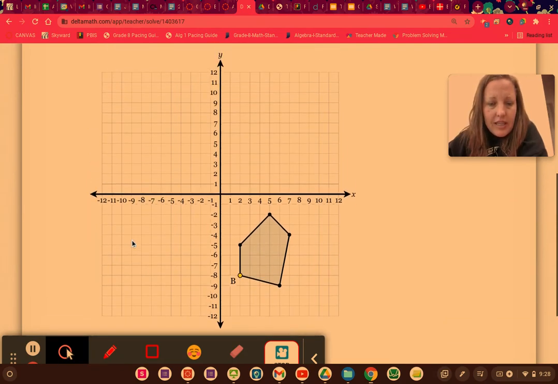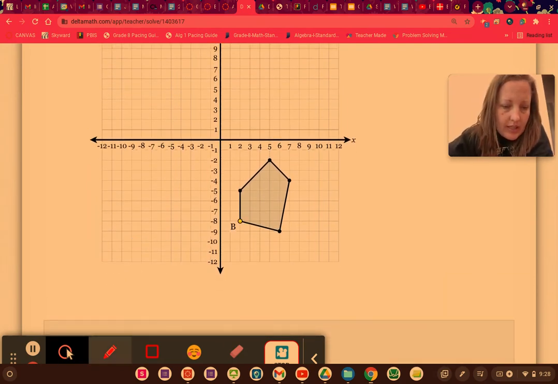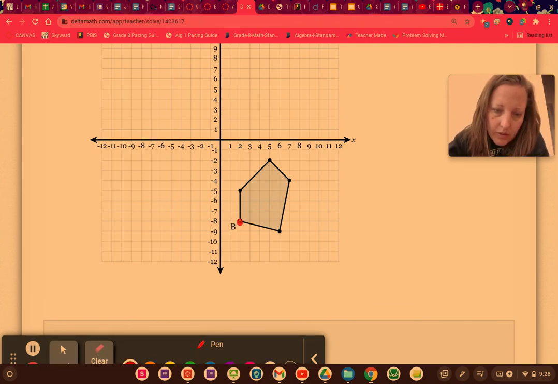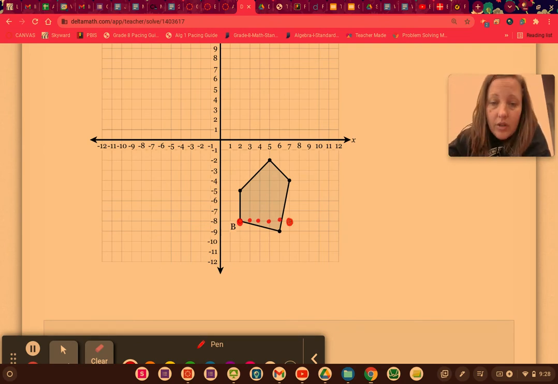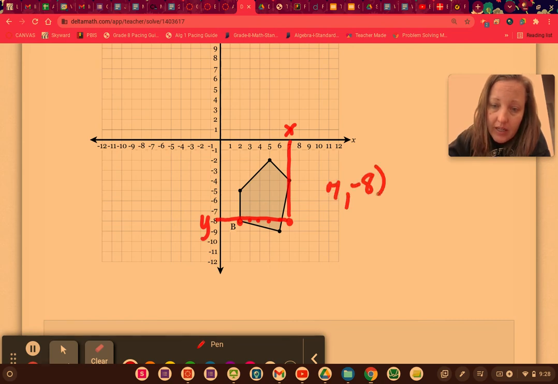So if I take him and go 1, 2, 3, 4, 5. All it's asking is what is that point that it ends up at? So I just come over here. Let's find the X value first, and then the Y value. I got 7 for the X, and for the Y, I got -8. So we write 7, -8.